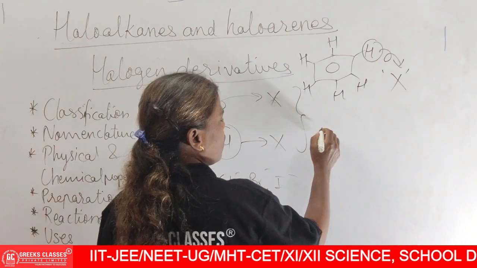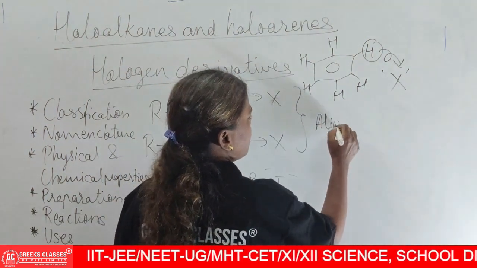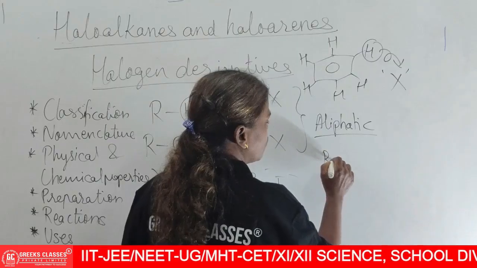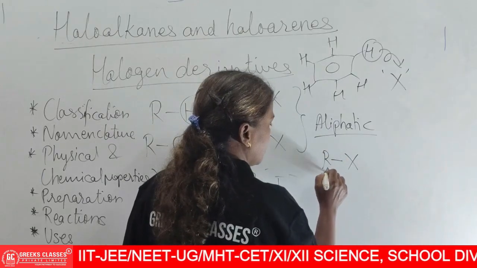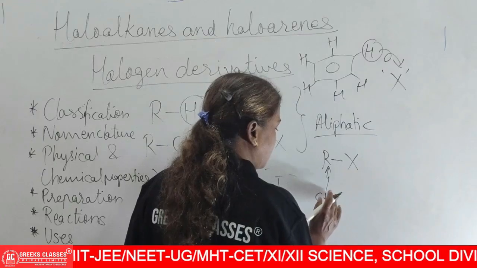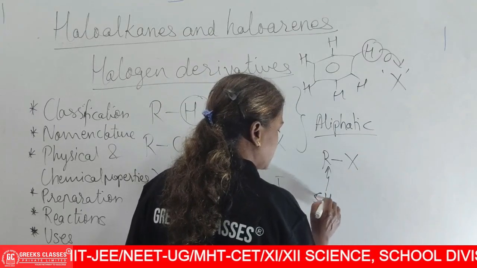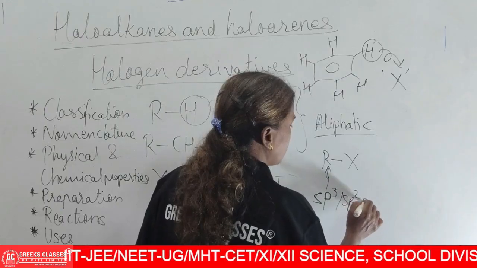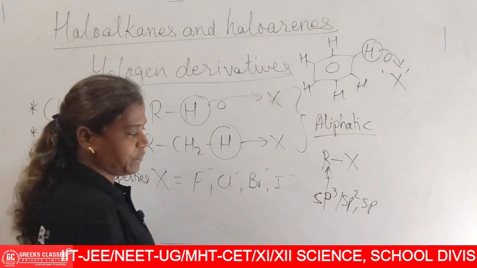In case of an aliphatic compound, this R group can be aliphatic, that means sp3 carbon, or it can be sp2 carbon, or sp carbon.